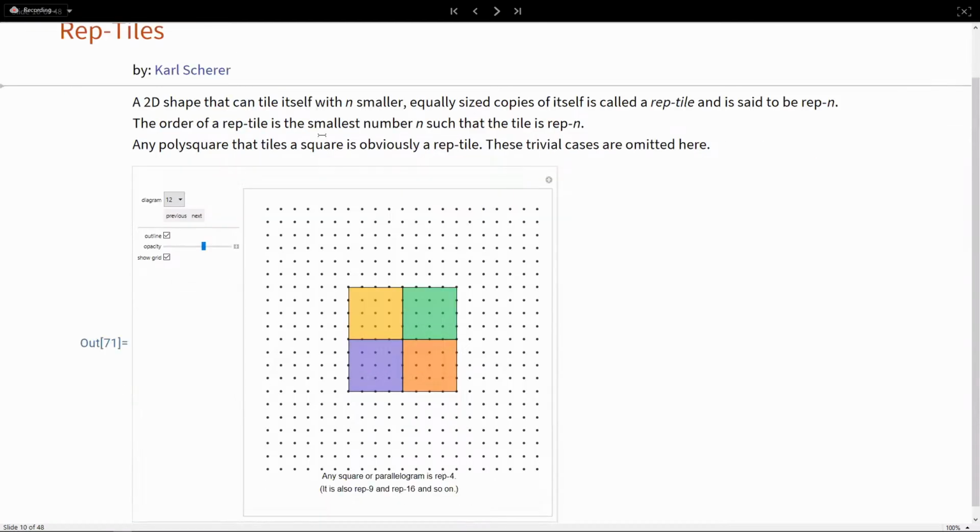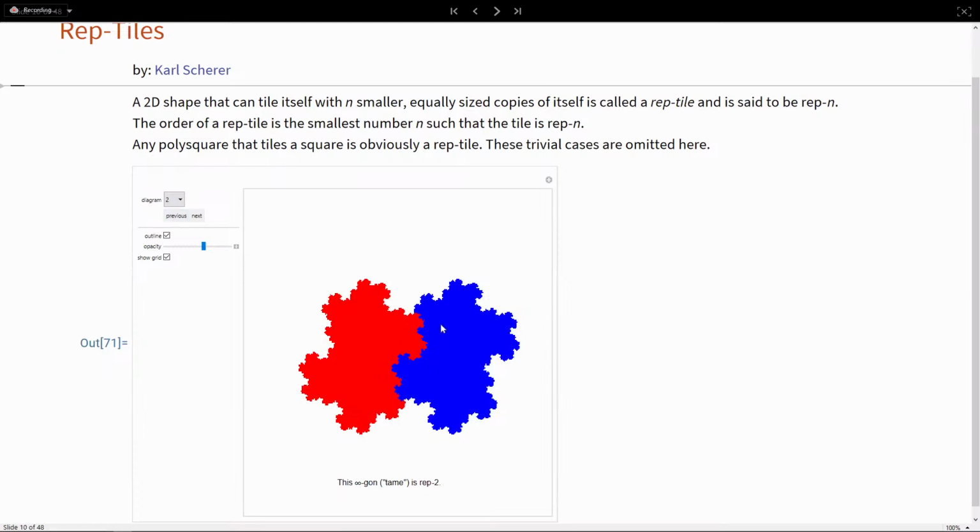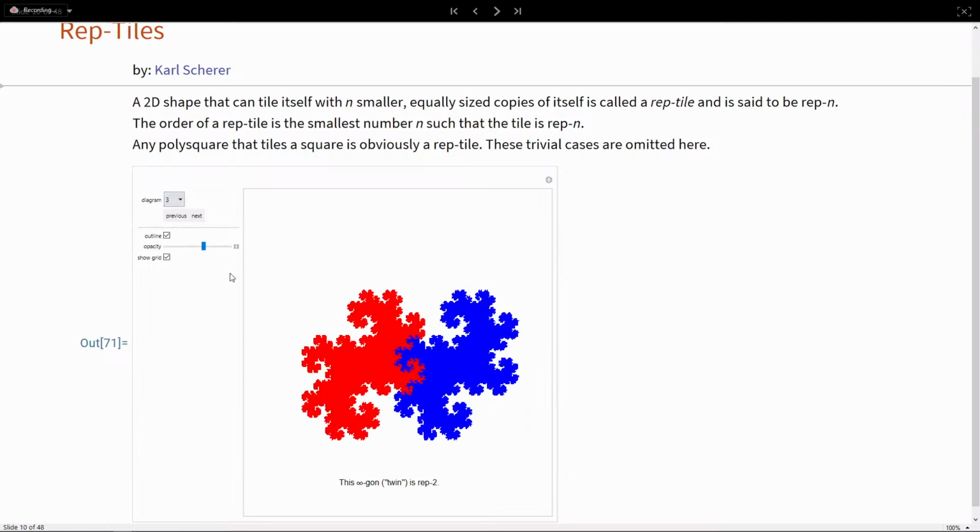A related item is reptiles, where you take a shape and you use it to make copies of itself. So with the iterations of the dragon, those turn out to be reptiles.